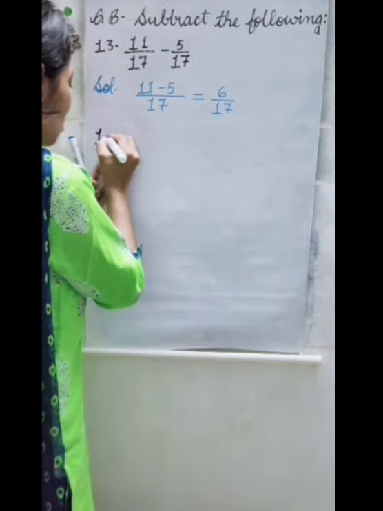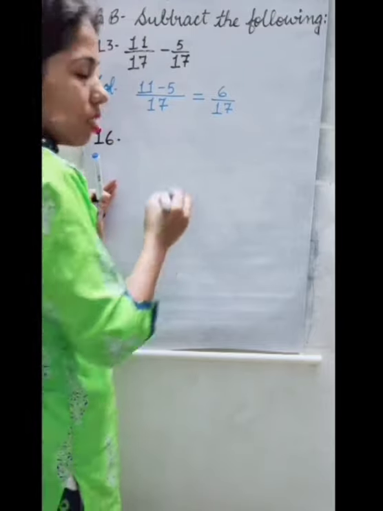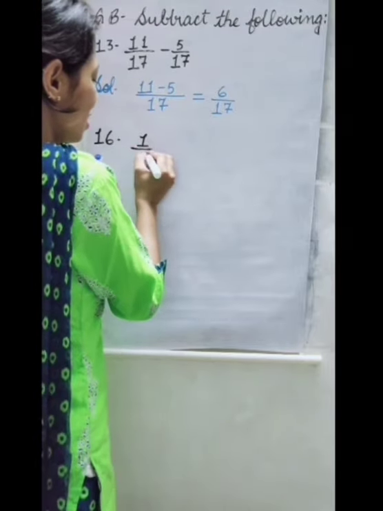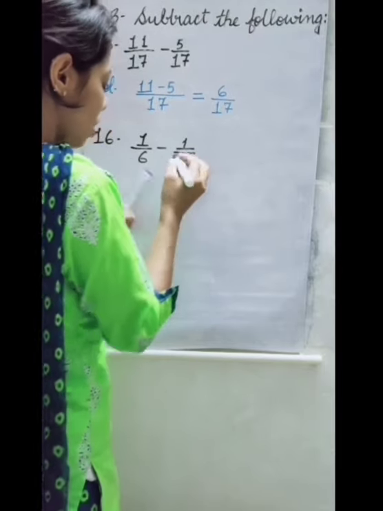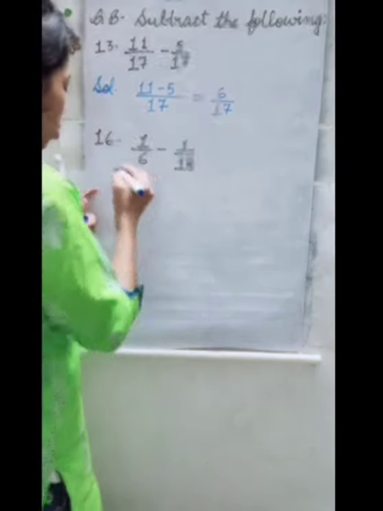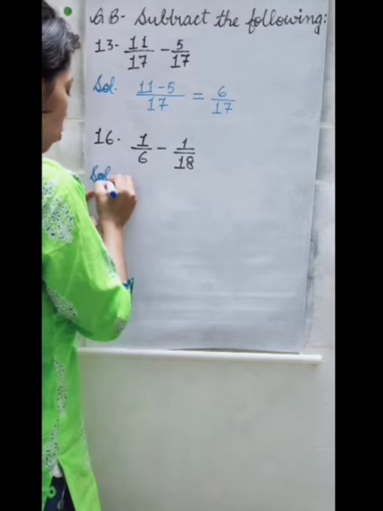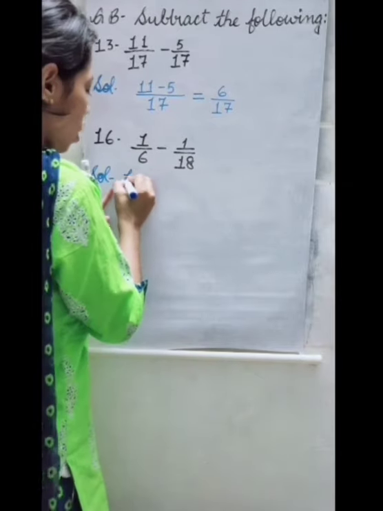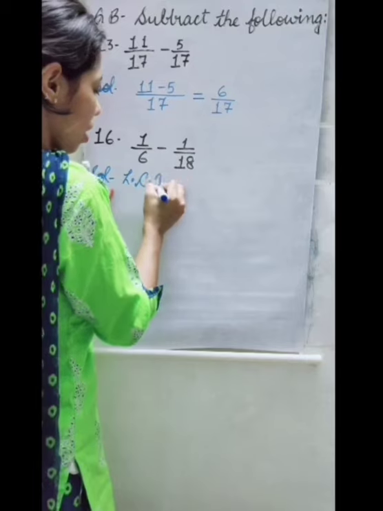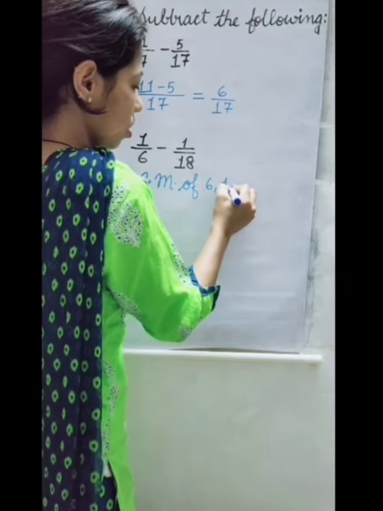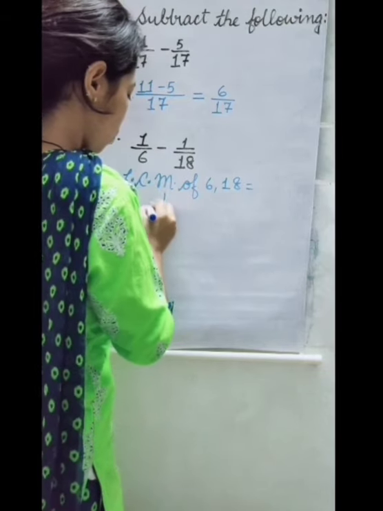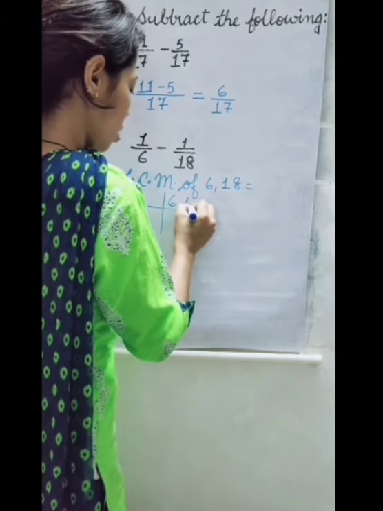We will do 16. Part 16 is 1 by 6 minus 1 by 18 as we have done in previous question. When denominators are different, we are finding the LCM of denominators, 6 and 18.